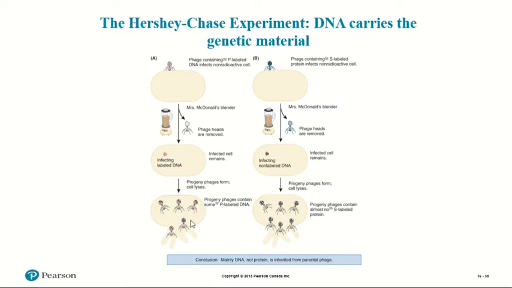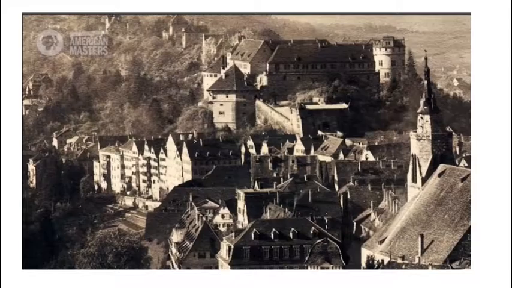But in one case you're going to have that the progeny of the phages that contain phosphorus are going to appear, while the ones that don't have phosphorus, the radioactive label, won't. And in that way, we can show that mainly DNA, but not proteins, is inherited from the parental phage.